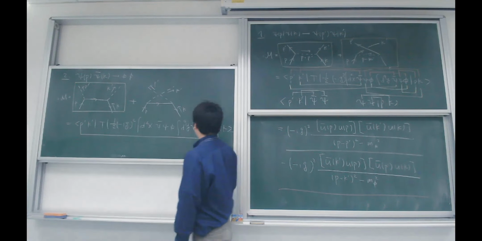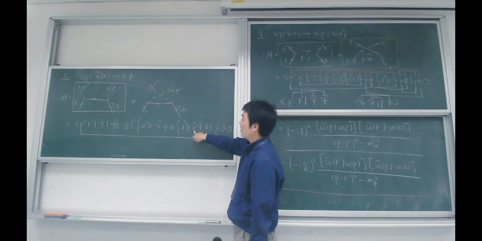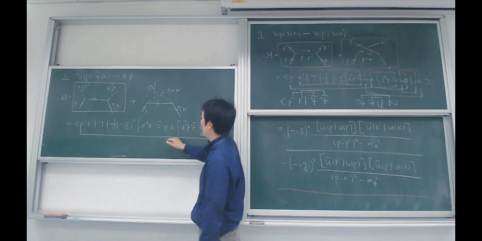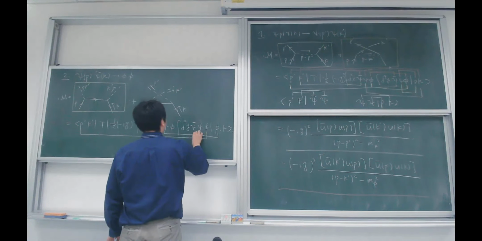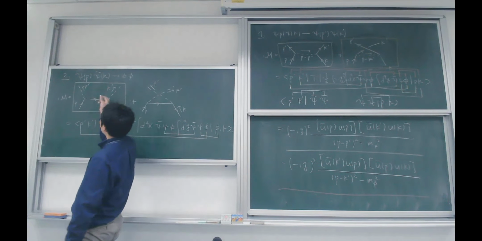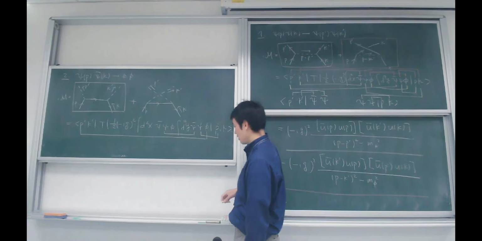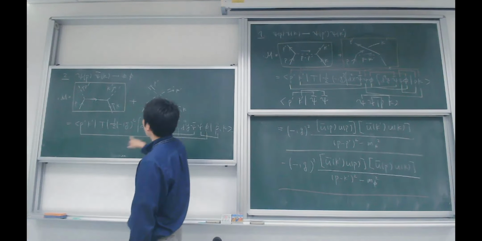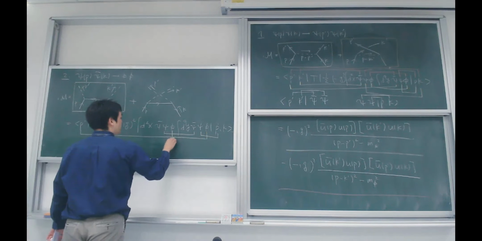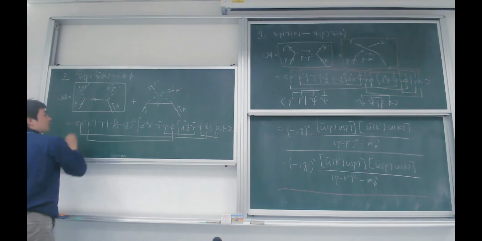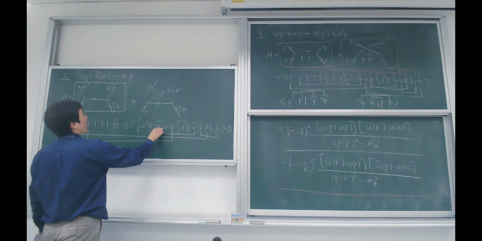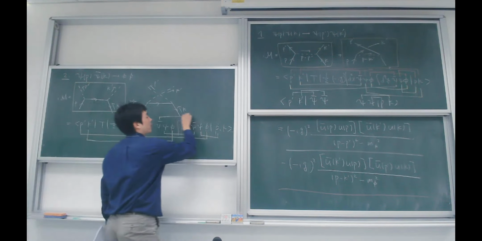And what's left is this guy should be contracted with this guy to get the propagator, and then what's left is just to do the same job. Phi is contracted by k prime, and psi bar is contracted by k.